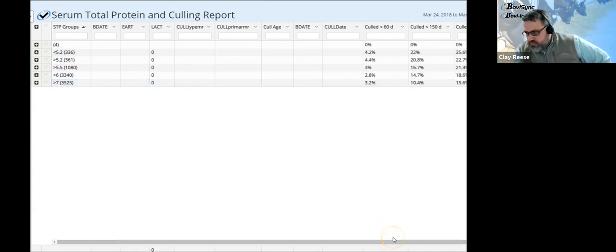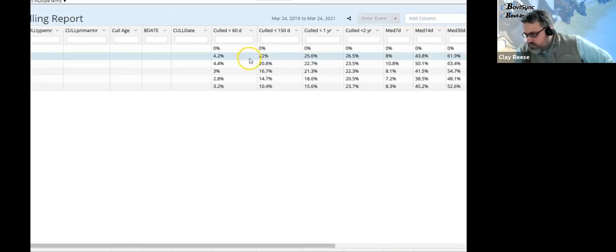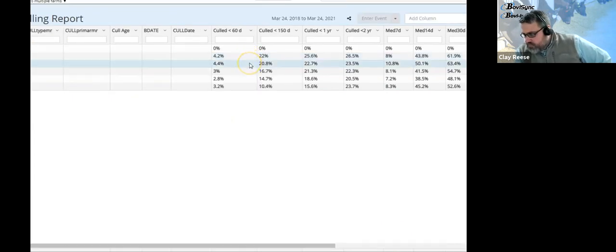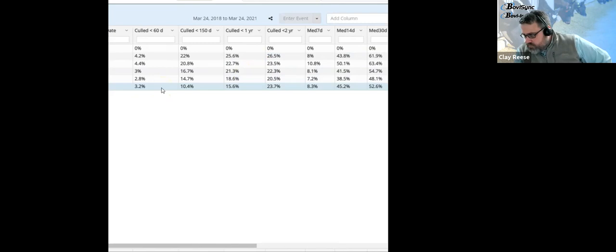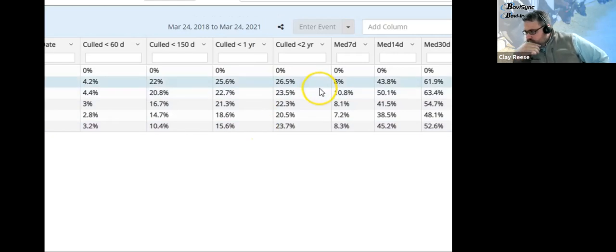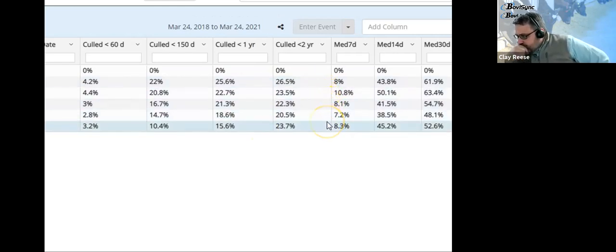Interestingly, when we break it down in this way, we can see that as the serum total protein value increases up until this latest value, which would be over 7, the percentage of animals culled goes down. And this holds true in almost all of the categories that we have there.